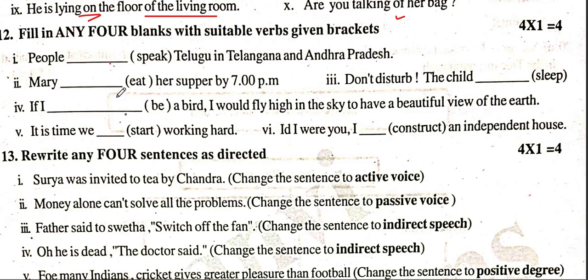Mary eats her supper by 7 p.m. This is a very important question, star marked. When time is shown with the word "by", you will use the future perfect tense, will have eaten. So Mary will have eaten her supper by 7 p.m.